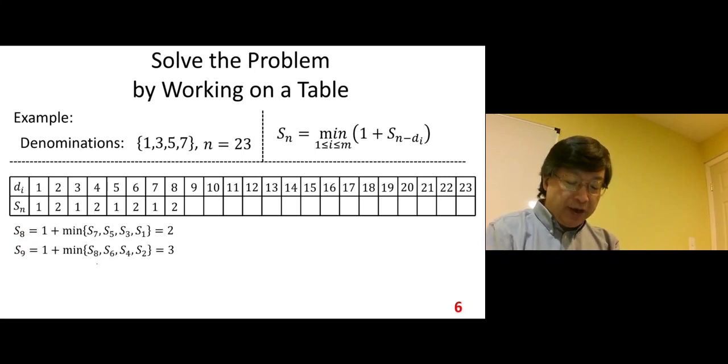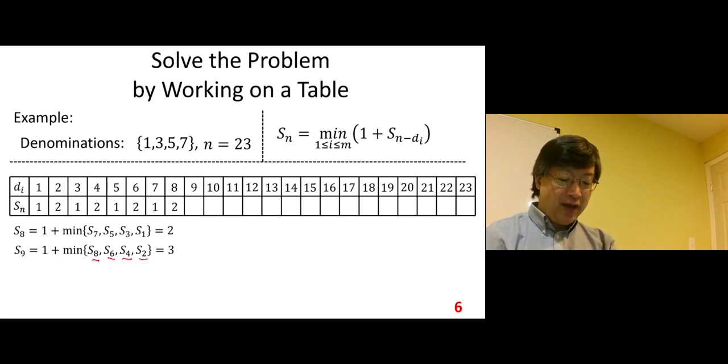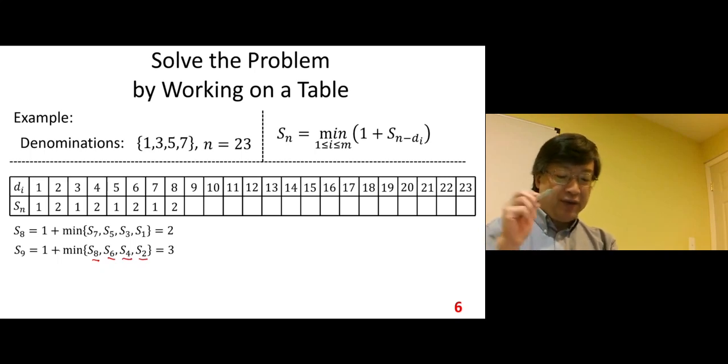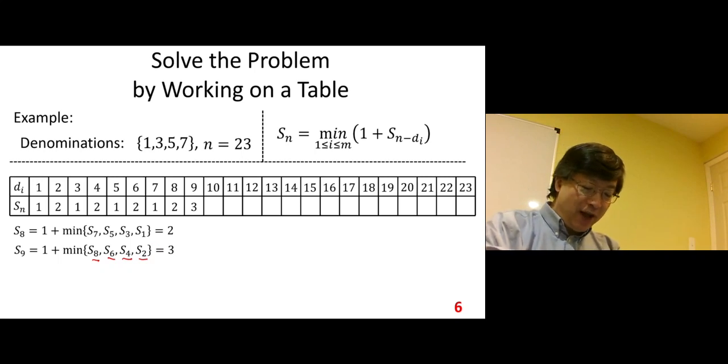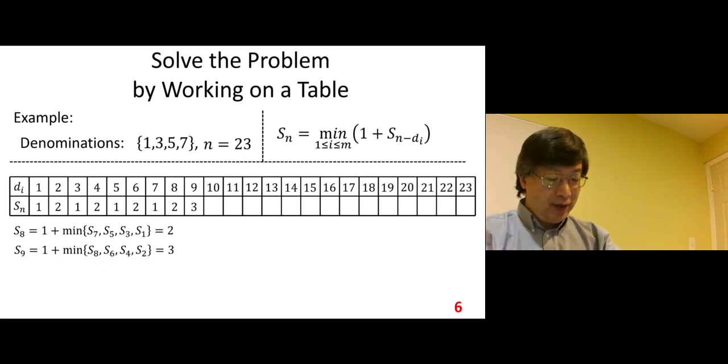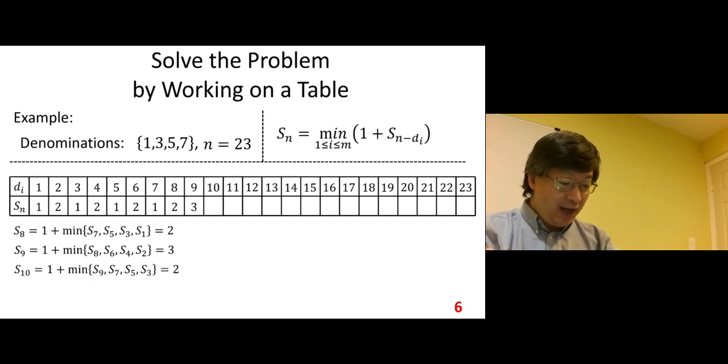S9: 1 plus the minimum over 9 minus 1, 9 minus 3, 9 minus 5, 9 minus 7. The minimum of those numbers is 2, so 1 plus 2 is 3. We can keep doing it like that. I think I can go fast.